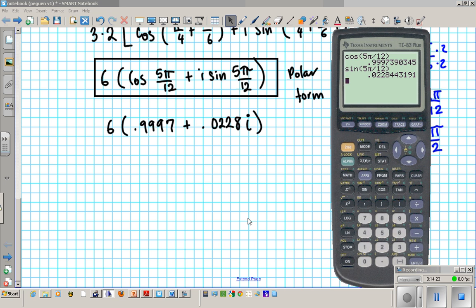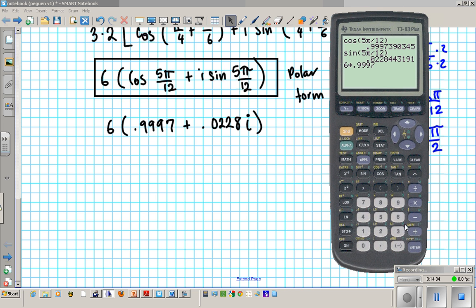So, let's do that. Let's be lazy, I can do both of them together. So 6 times the first value, plus 6 times the second value with an I right here, like that, okay? Enter, and it gives you your answer.